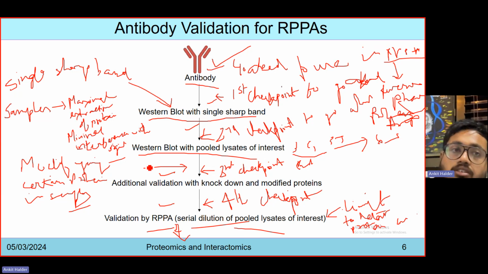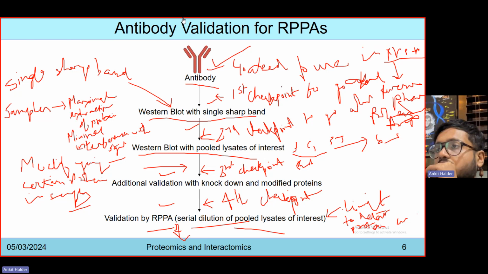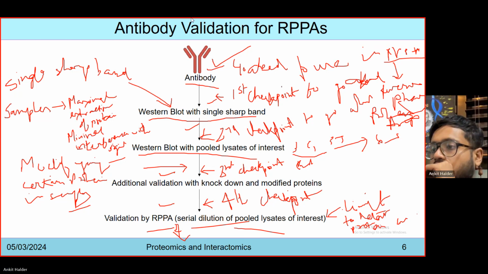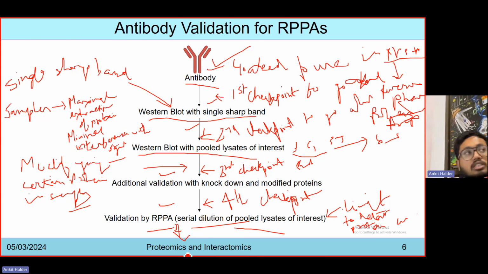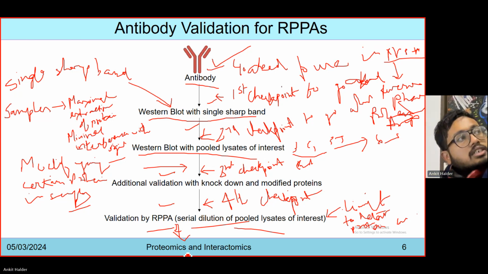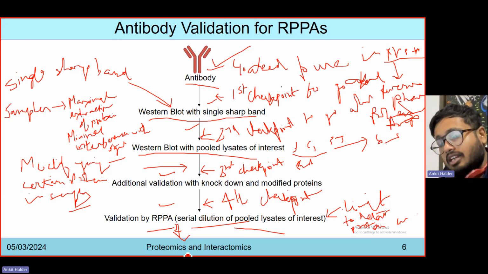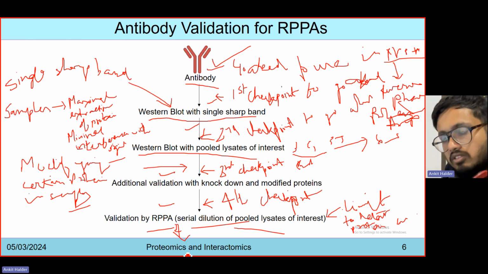Whereas in the antibodies, to have a robust antibody, we check that it gives a single sharp band, then with the full lysate, then with the knockdown experiments, and then finally by the serial dilution of lysates to see at what minimal concentration it is still getting detected.